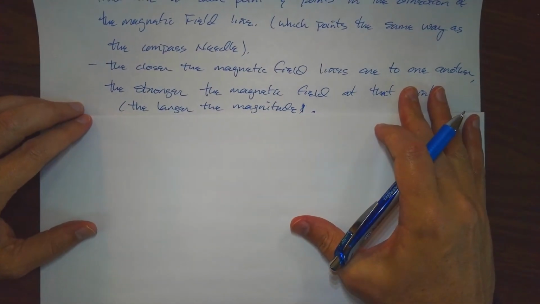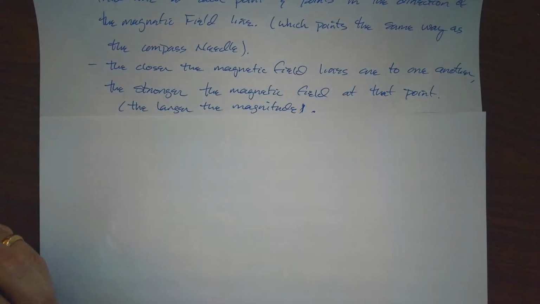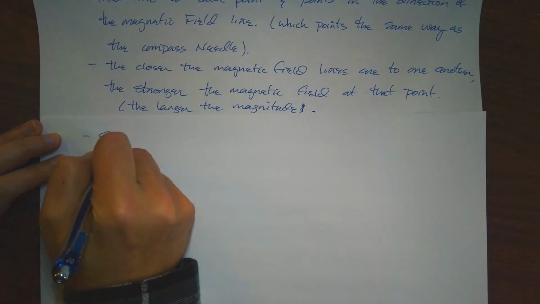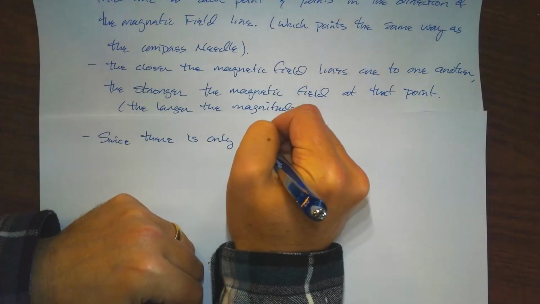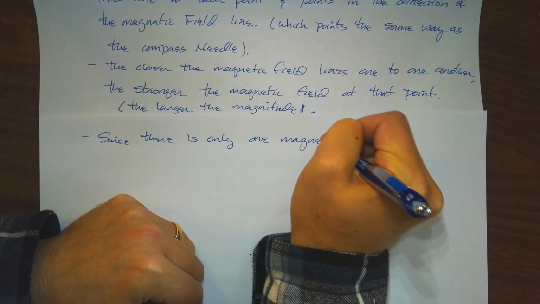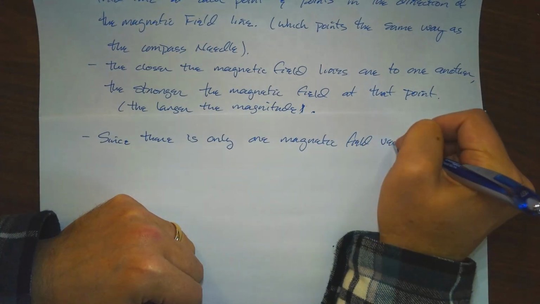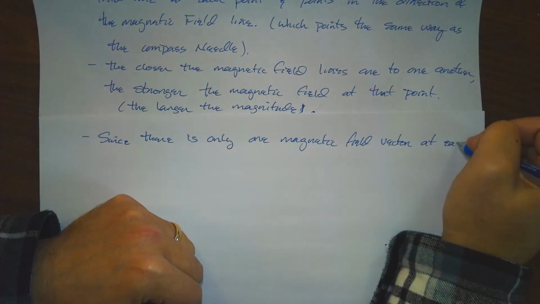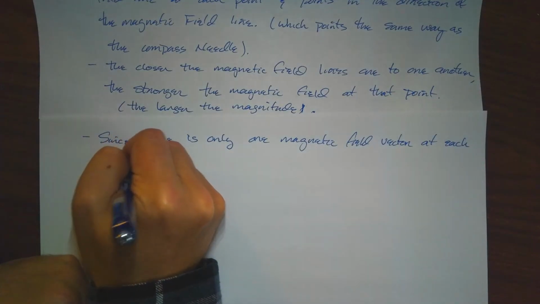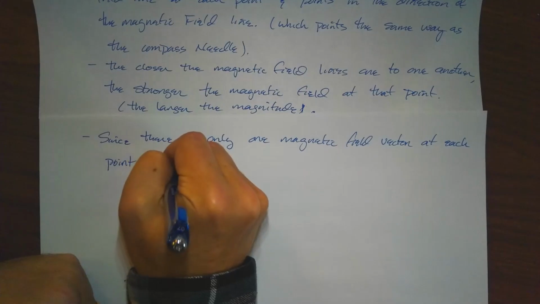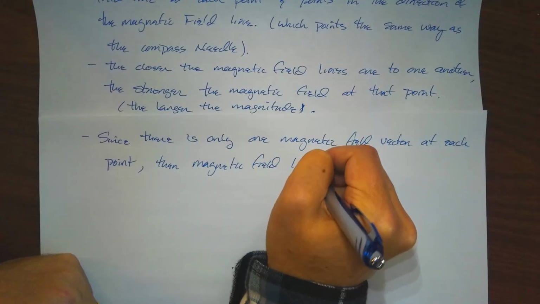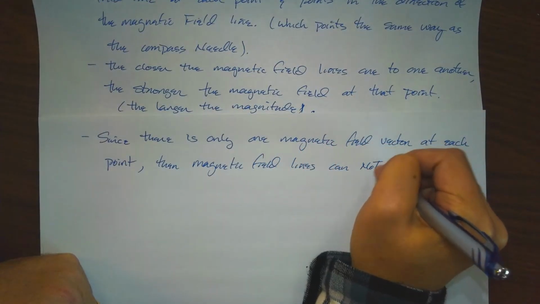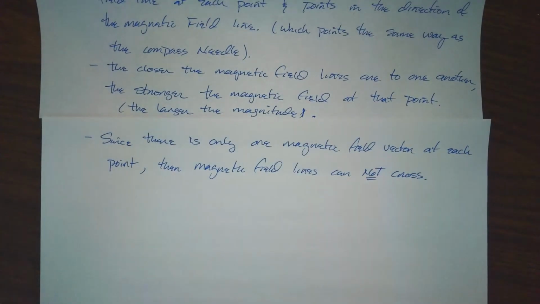And since there's only one magnetic field vector at each point, magnetic field lines can't cross, just like our electric field lines.